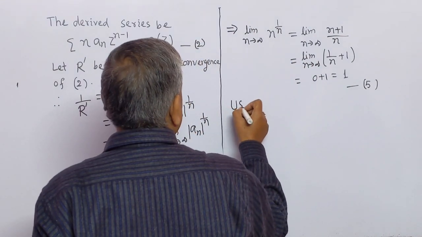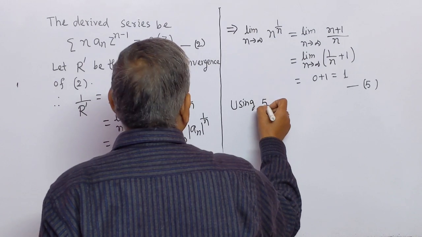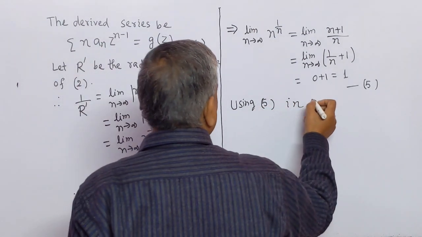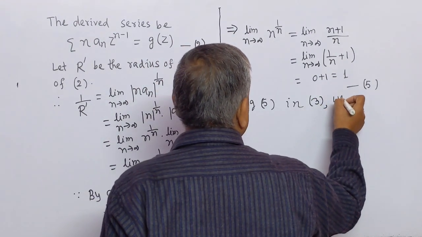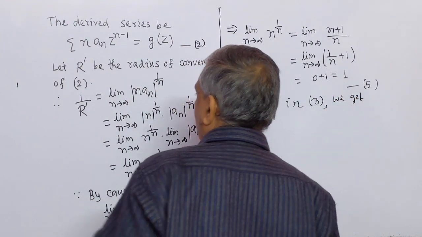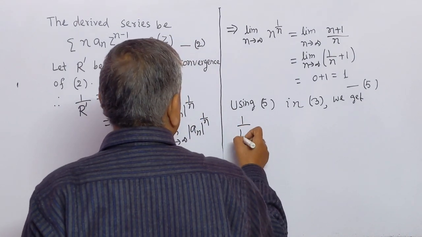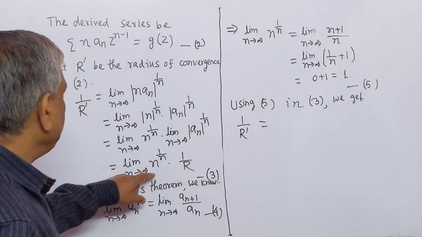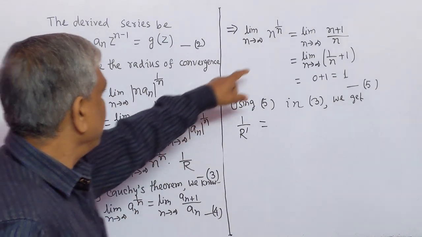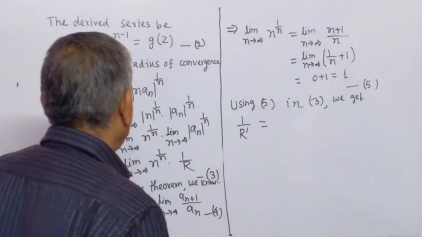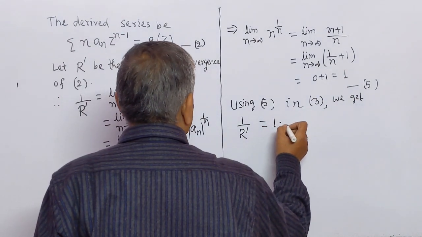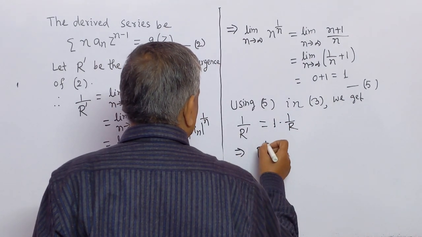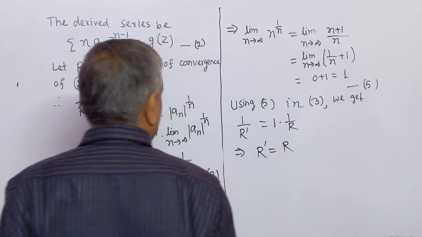Using 5 in 3, we get 1/r' equals limit n tends to infinity n^(1/n), which is equal to 1 by 5, multiplied by 1/r, which implies that r' equals r.